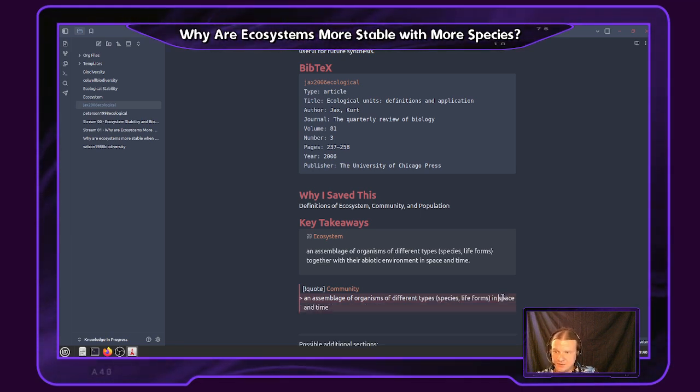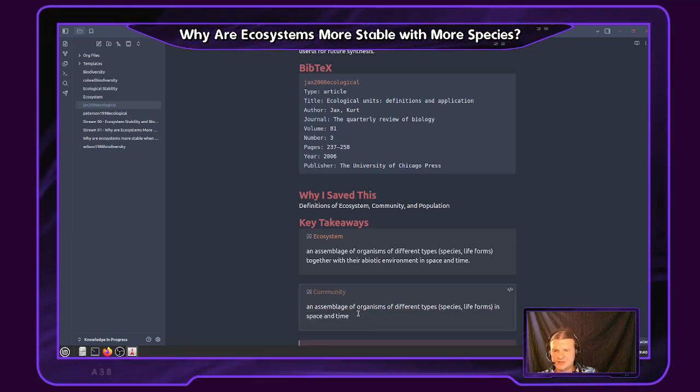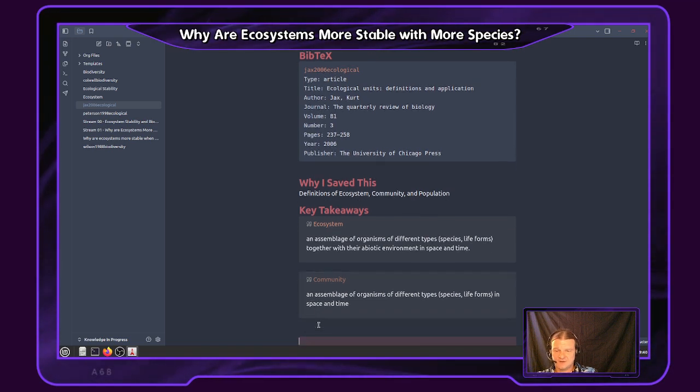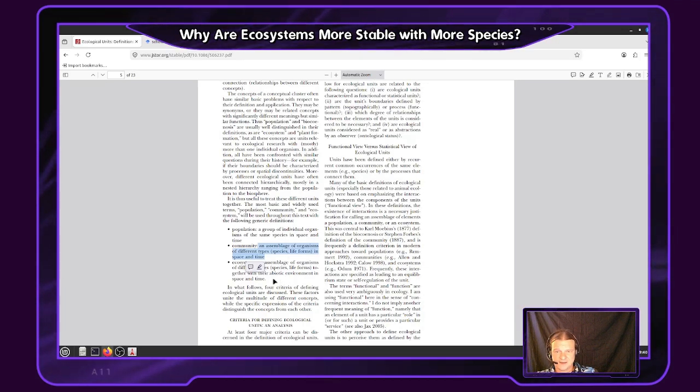So here we have a community is just an assemblage of organisms of different types in space and time. So we can see that an ecosystem contains a community, but also contains the abiotic environment in space and time. And then population is the last one we want. We'll go ahead and copy this.